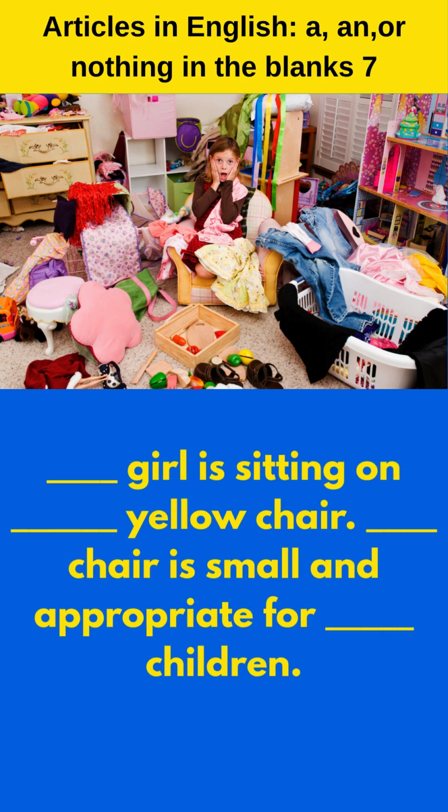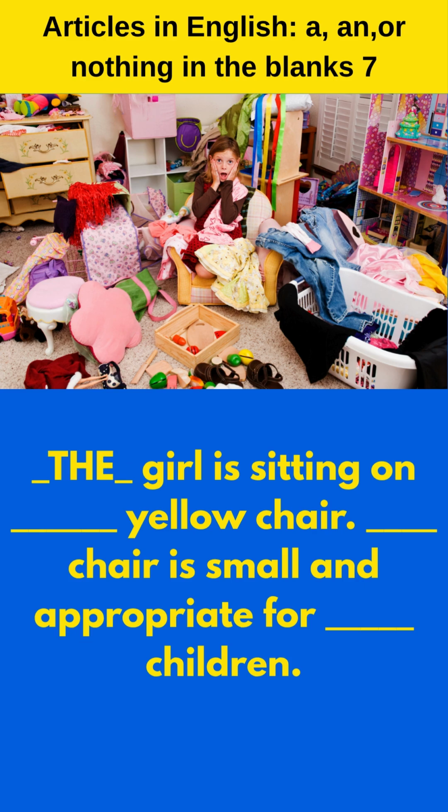What article would you put in the blanks here? We see the girl is sitting on a yellow chair. First, I would say the girl because we can just see one girl in the picture. And then is sitting on a yellow chair. I would probably say a yellow chair because that's the first time we're talking about it and introducing this chair.